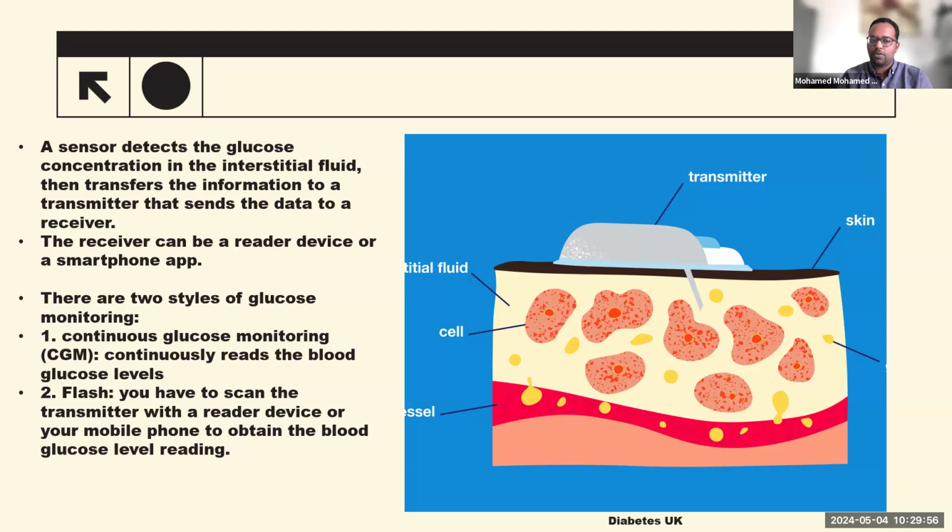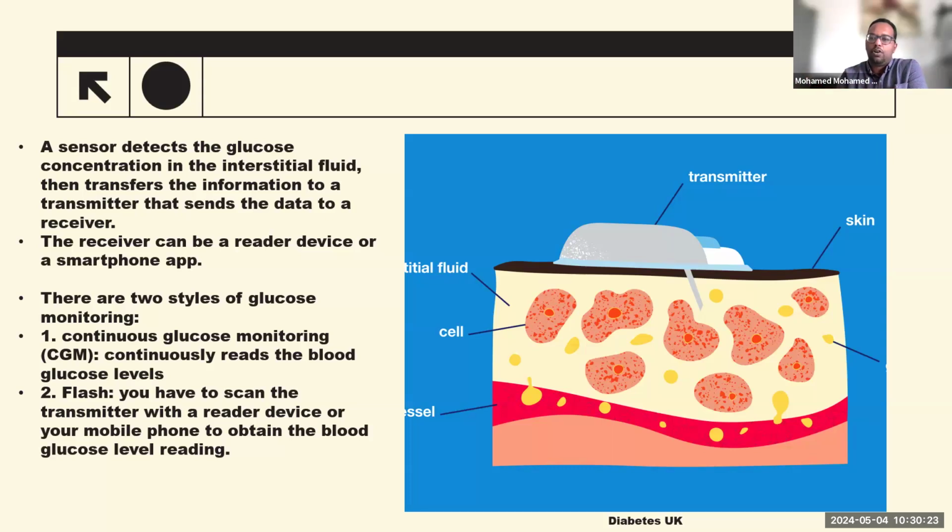There are two styles of glucose monitoring. There's continuous glucose monitoring, CGM, and there's flash monitoring. As I've just said, the CGM sends continuous signals every 5 minutes. It's the most modern sort of it. Every 5 minutes it sends continuous readings telling you how much glucose there is, without you having to do this scan.